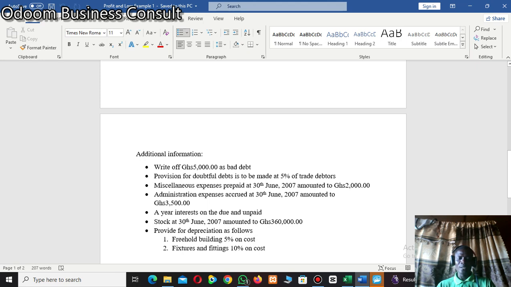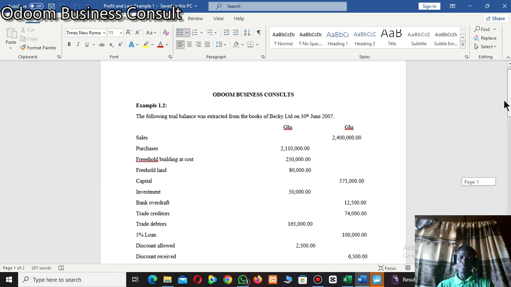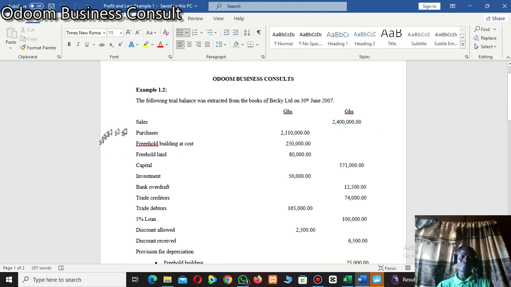That's where the additional information will give you a hint as to what to do in the final presentation or in the final answer that you present to the examiner. To give you a gist as to what to do in the account. So you pay attention to this particular section when you are solving trading profit or loss account. So let's go through the question together.